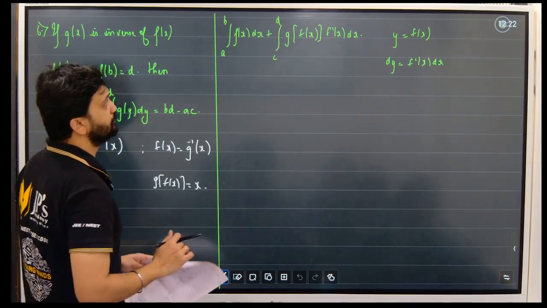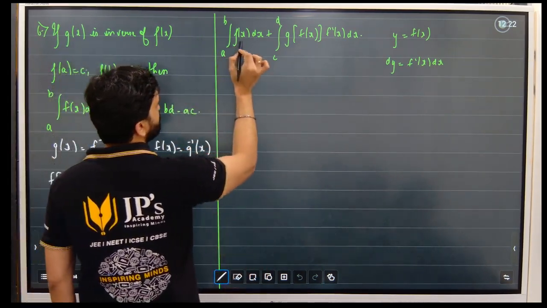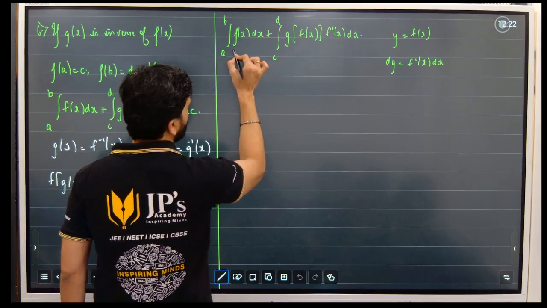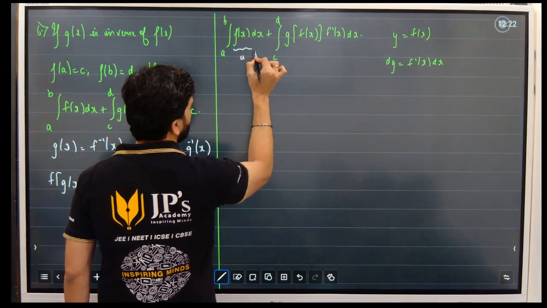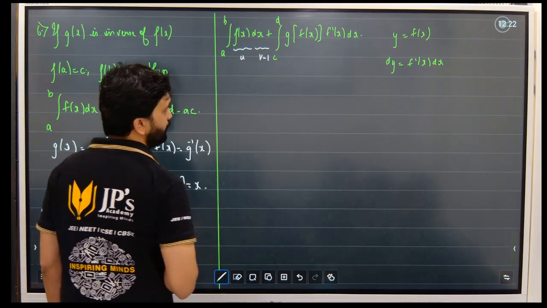Now when I solve this, the first part I will have to solve by integration by parts. So this is your u and your v will be 1, so we take v as 1.